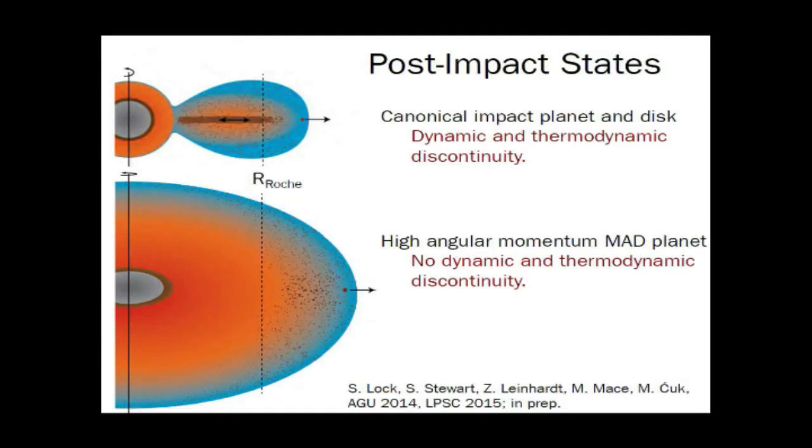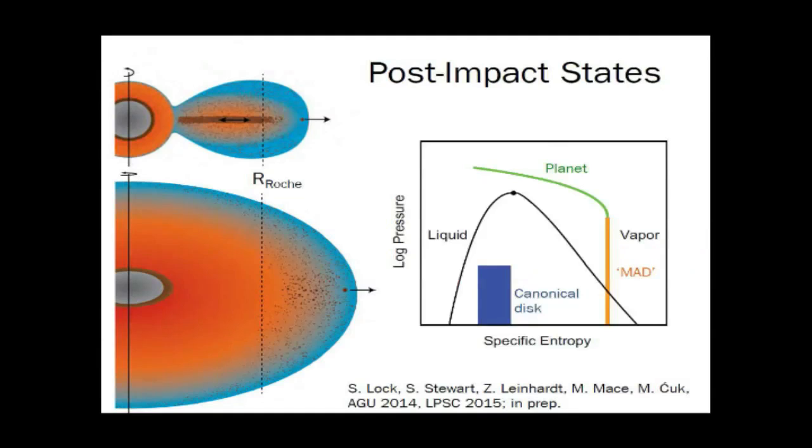So let's look at this in this phase space diagram again. This is a sketch of what I've been trying to explain: a phase boundary with liquid on one side and vapor on the other, and the more highly shocked materials have higher energy. The planet itself is entirely fluid in that it's a hot, high-pressure material, and as one goes to larger radii, it intersects with the atmosphere and intersects with the disk.